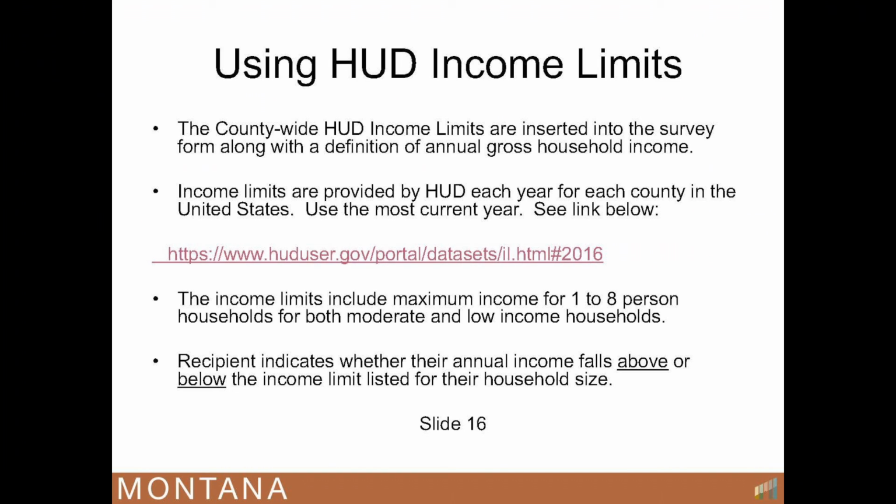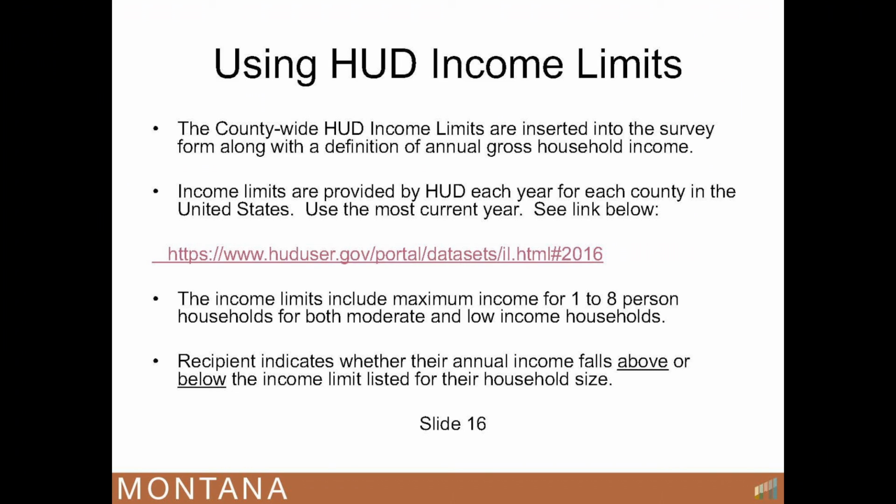Slide 16 illustrates the use of HUD income limits in conducting CDBG income surveys. The county-wide HUD income limits are inserted into the survey form along with a definition of annual gross household income. The income limits are provided by HUD each year for each county in the United States. It is necessary to use the most current year.